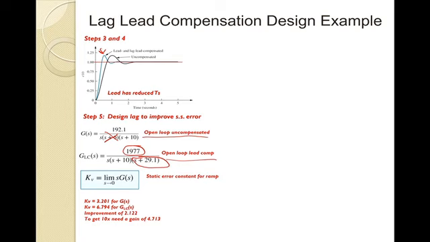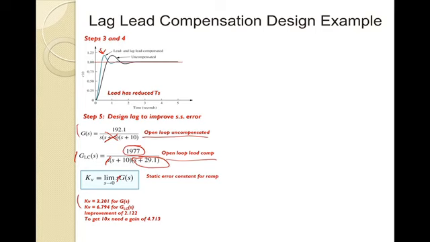So we have our system here. Multiply it by S, so you'll see that S and this S cancel, and then the S terms go to 0. And so what you'll see is I've shown the various KVs, first for the open loop uncompensated system, and then for the open loop lead compensated system here.